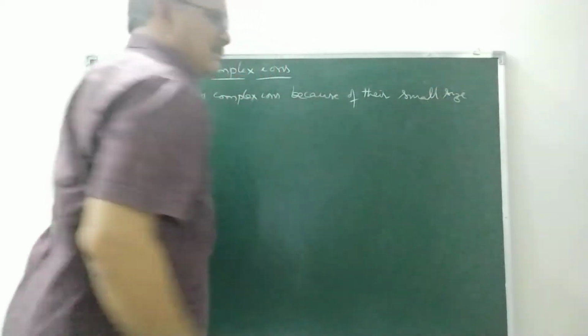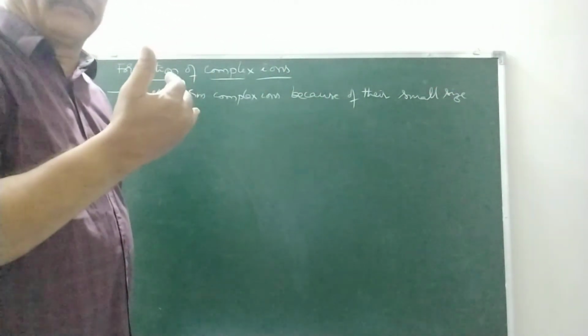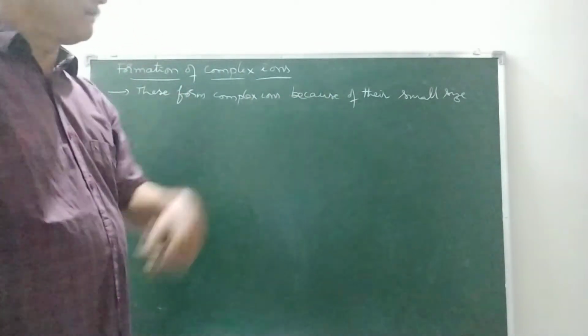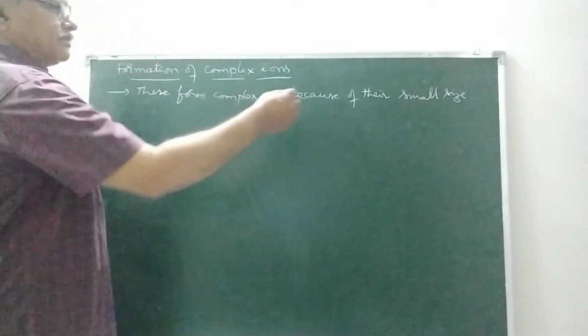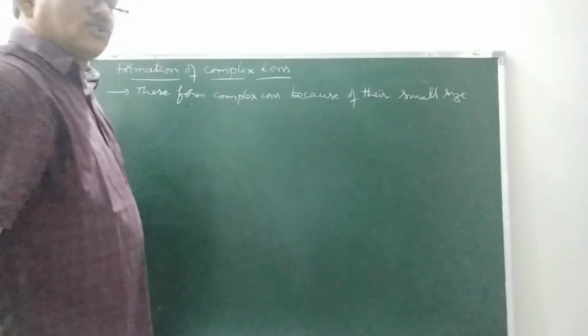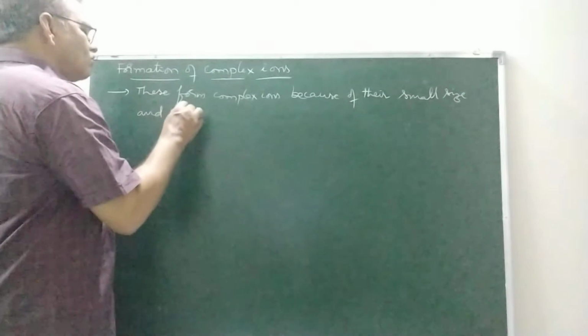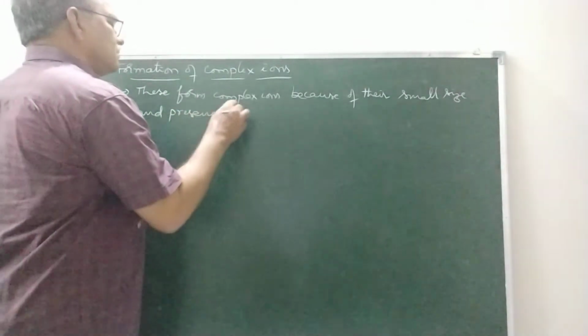When size is less, the tendency to attract the lone pair of electrons will be more. So these form complex ions because of their small size and the presence of vacant d orbitals.